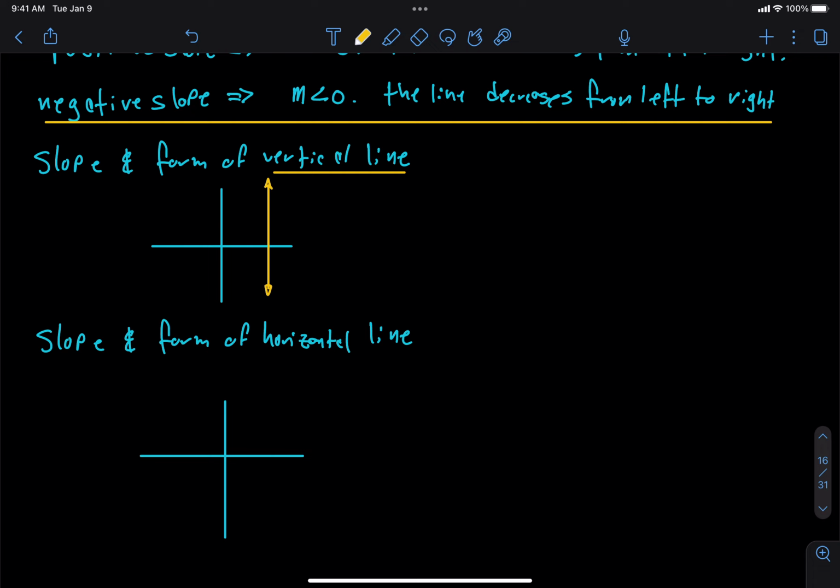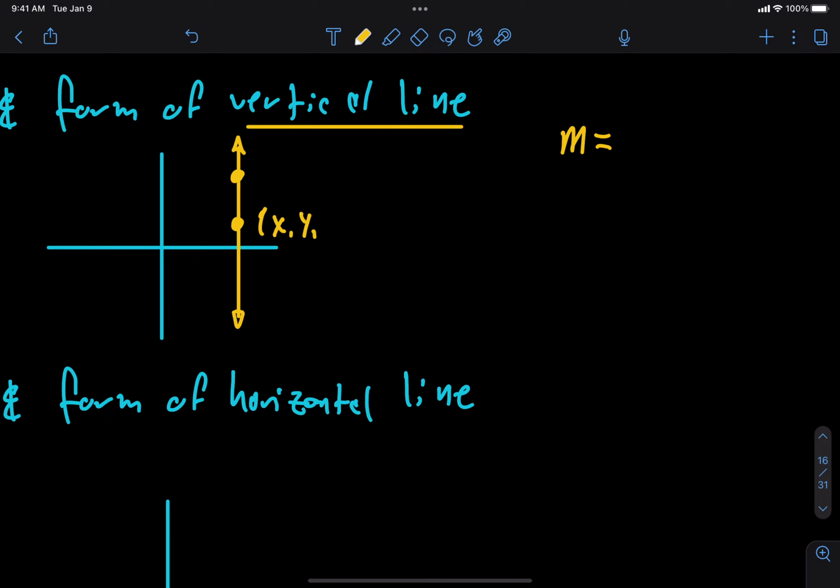Okay, that's easy enough. Well, we just have to take 2 points on this line, right? But the interesting thing about a vertical line is, let's check what the points are going to be. The first one, we'll call it x1, y1, right? And then the second one, I would say that it's x2, y2, except what?